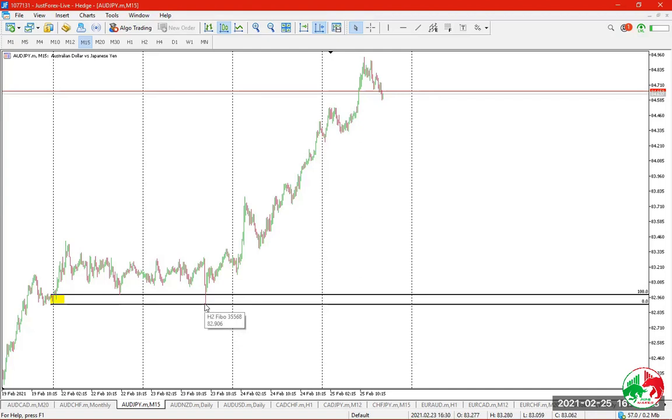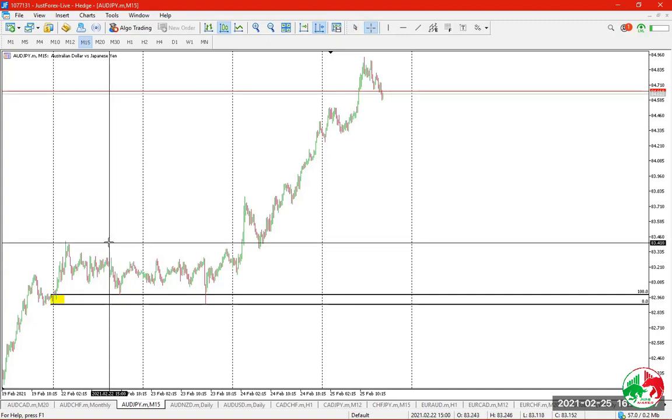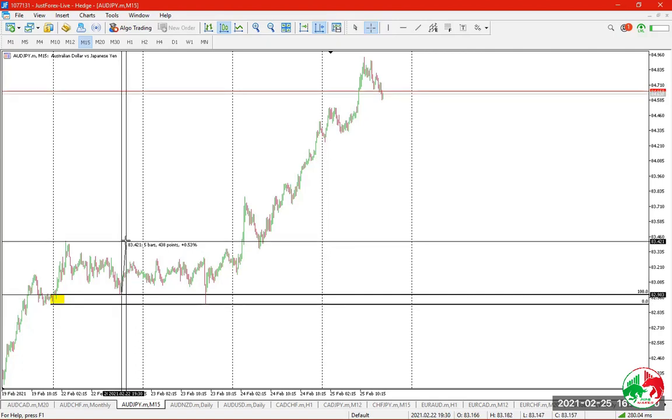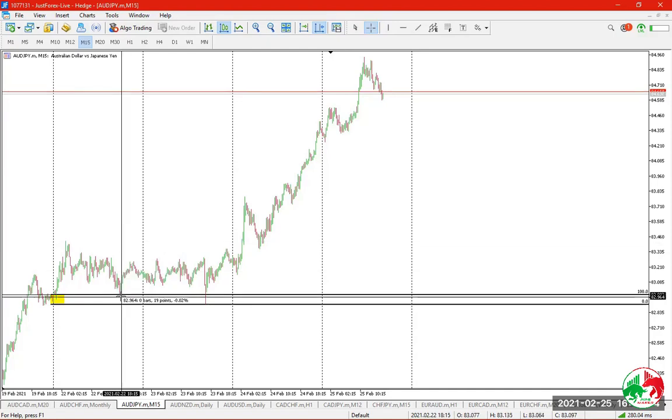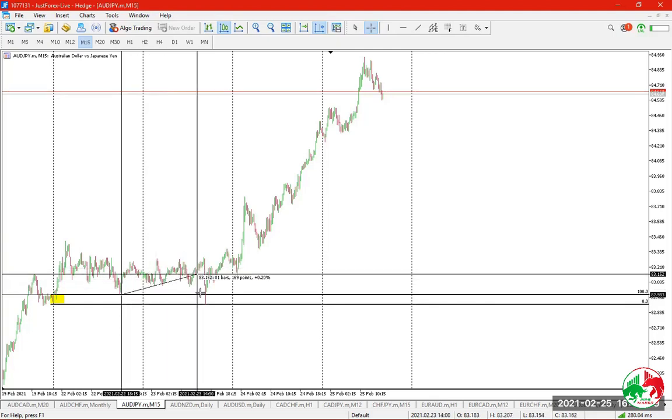That means you would have been stopped out, or you already got the profits you were looking for. Obviously, your first take profit will be the previous high. So if this was my first buy, you will place your stop loss at least 3 to 5 pips below the zone. Then this will be your first take profit. So either way, you would not be taken out, this would still be running.